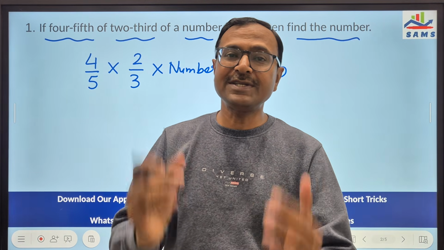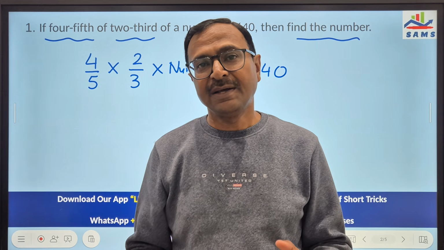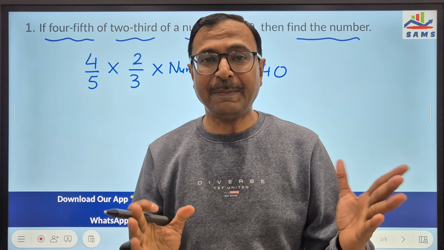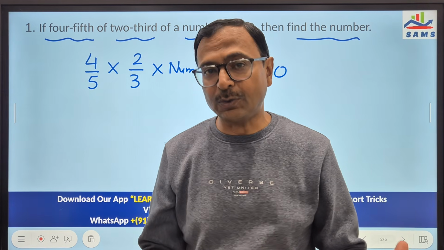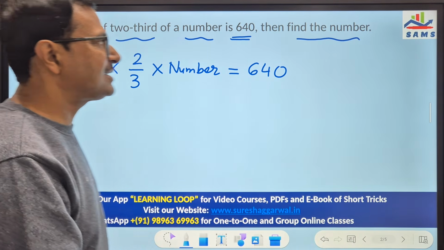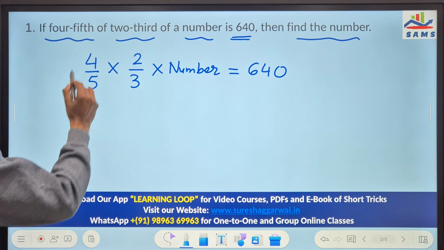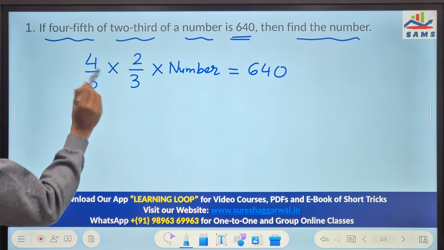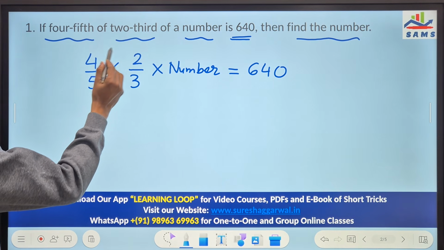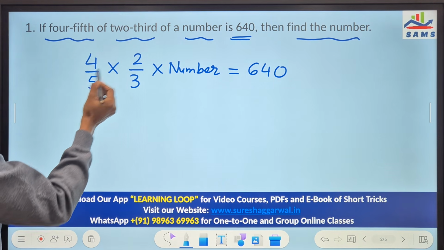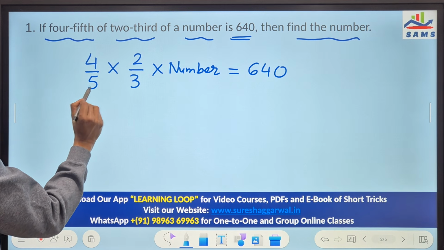Now once you get to this statement, success depends on whether you are able to handle this calculation or not. The first thing we should understand is that these are multiplied, or 'of'. So how do you multiply these? There are no common factors between 4, 2 and 5, 3.